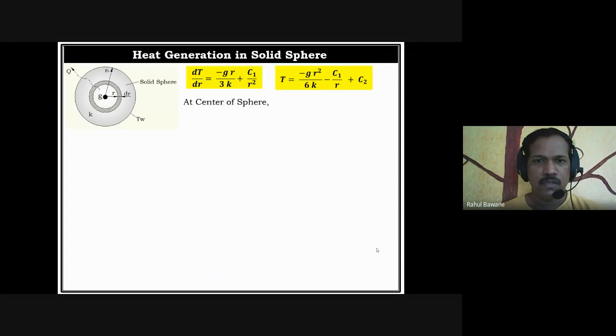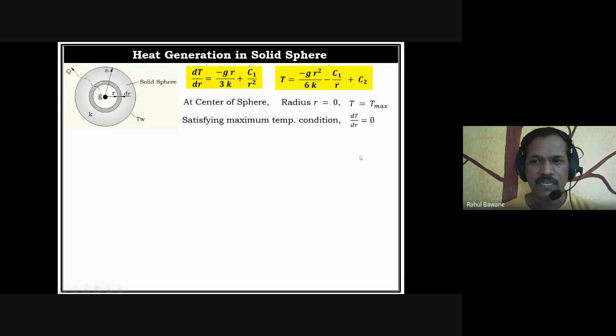So we have to apply the conditions. At the center of the sphere, no doubt there will be the maximum temperature. So the condition will be: when the radius is 0, then T becomes T max, and we all know that T max satisfies the maximum temperature condition, dT by dr equal to 0.